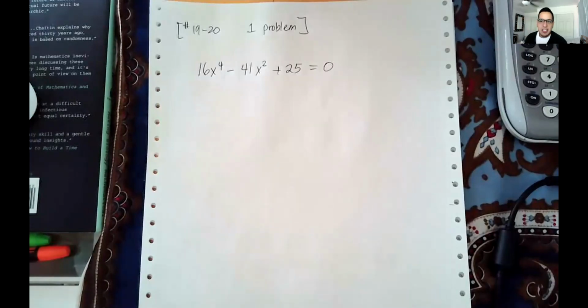So I think that we covered this on Thursday when I was with you guys, and I showed you the U substitution method. But at the end of class, I also showed you that you don't need to do U substitution in order to solve a problem like this. This is called a quartic equation, or an equation in quadratic form.